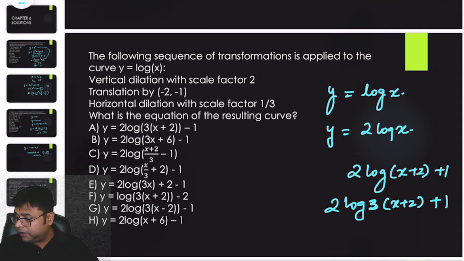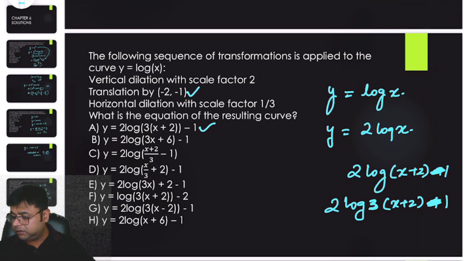So if I look at it carefully, sorry, this was minus, my bad. This is minus 1. This is also minus 1. Yeah, sorry, it will move down. So the answer has to be option A again, right?